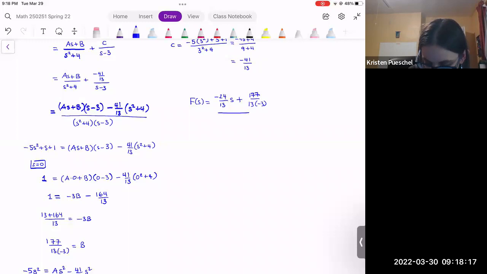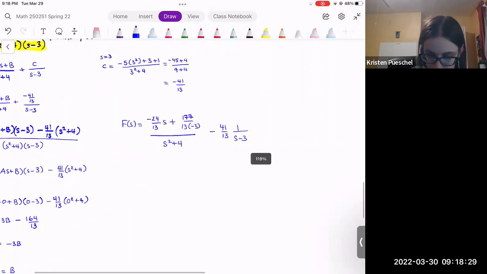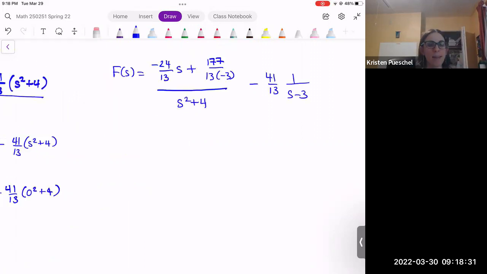And this was all divided by s squared plus 4. And we found c to be equal to -41 over 13 times 1 over s minus 3. Okay. All right, we are ready for some inverse Laplace transforms.